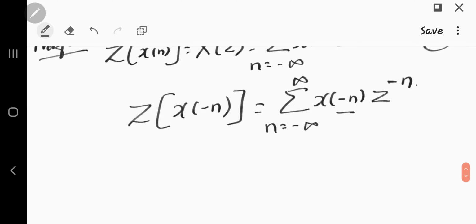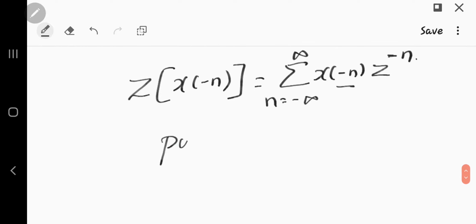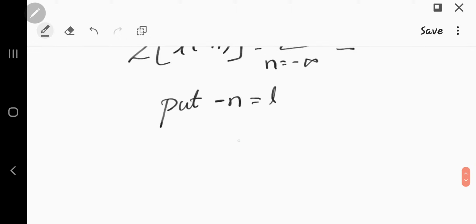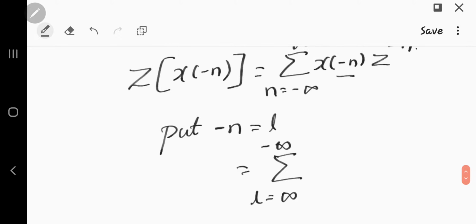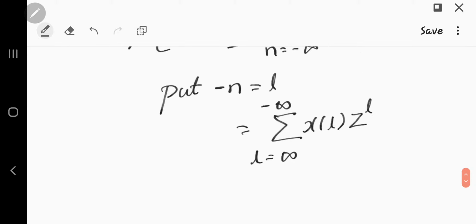Now I'll replace this minus n with some other term. Say put minus n equal to L. So that gives limit L equals plus infinity to minus infinity x of L z to the power of plus L.